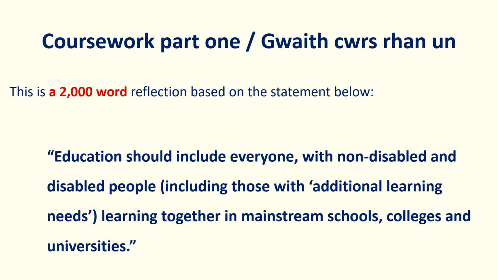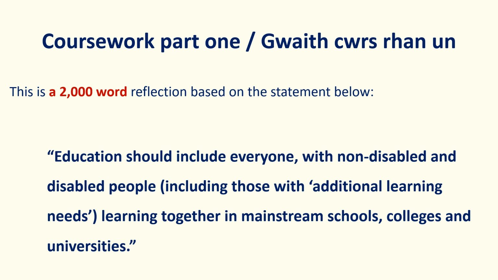So the first piece of coursework then, part 1, this is a 2,000-word reflection based upon the statement below. Education should include everyone, with non-disabled and disabled people, including those with additional learning needs, learning together in mainstream schools, colleges and universities.